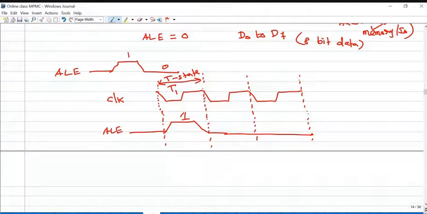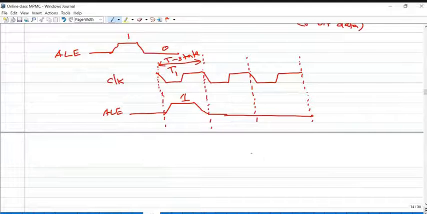So during this particular T1 state ALE must be 1, meaning AD0 to AD7 is used for holding the lower order 8-bit address of the memory. Please remember, in all machine cycles during the T1 state, ALE must be 1 so that AD0 to AD7 pins can be used for holding the lower order 8-bit address of the memory.